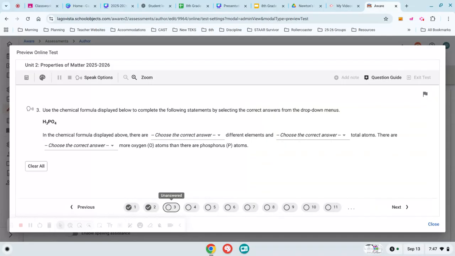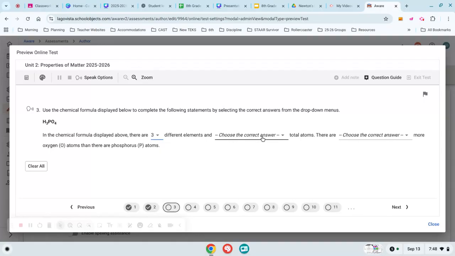Using the chemical formula displayed below, complete the following statements by selecting the correct answers from the drop-down menus. In the chemical formula displayed above, there are blank different elements. So all I have to do is count capital letters. I have an H, a P, and an O, so I have 3 different elements.